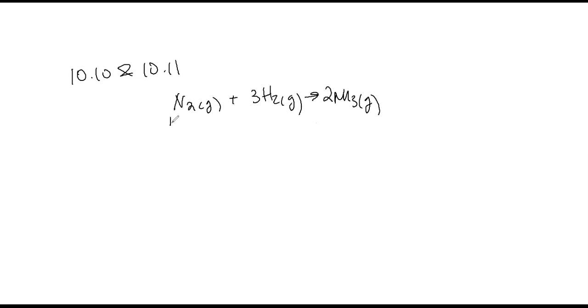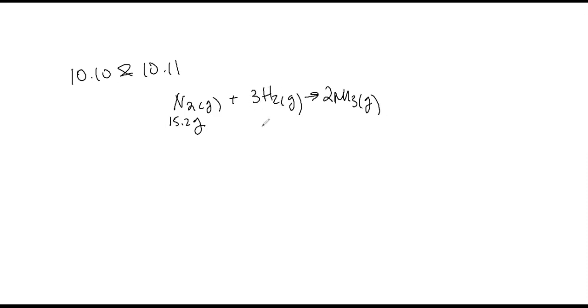If I'm given, let's say, 15.2 grams of nitrogen, and nothing is mentioned about the amount of hydrogen, that means this is not a limiting reactant problem, and it implies that you have excess hydrogen, grams or moles.